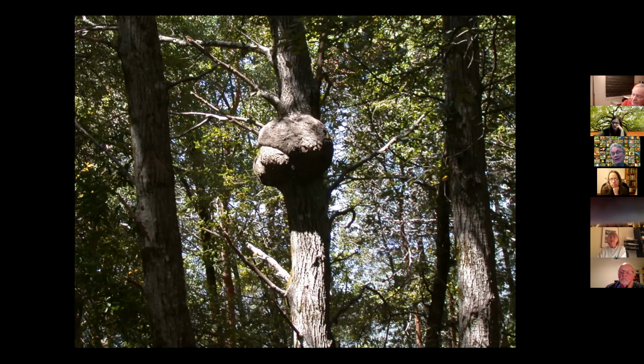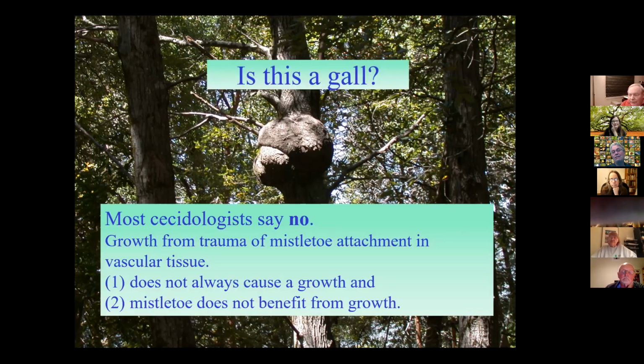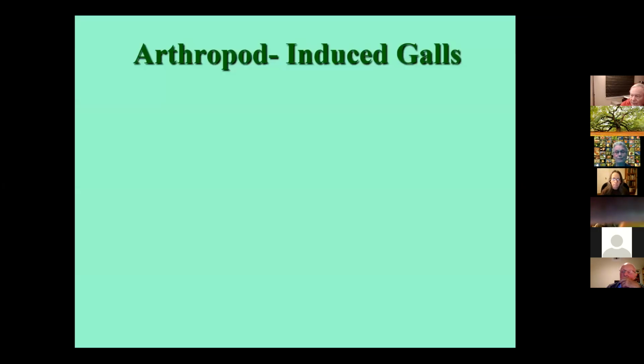So, is it a gall? No, we say it's not, because it's continued trauma from the mistletoe attachment, but it doesn't always cause a gall growth, and mistletoe does not benefit from this gall growth. So mistletoe doesn't get any good out of it, and it's just continued trauma that causes this strange shape.